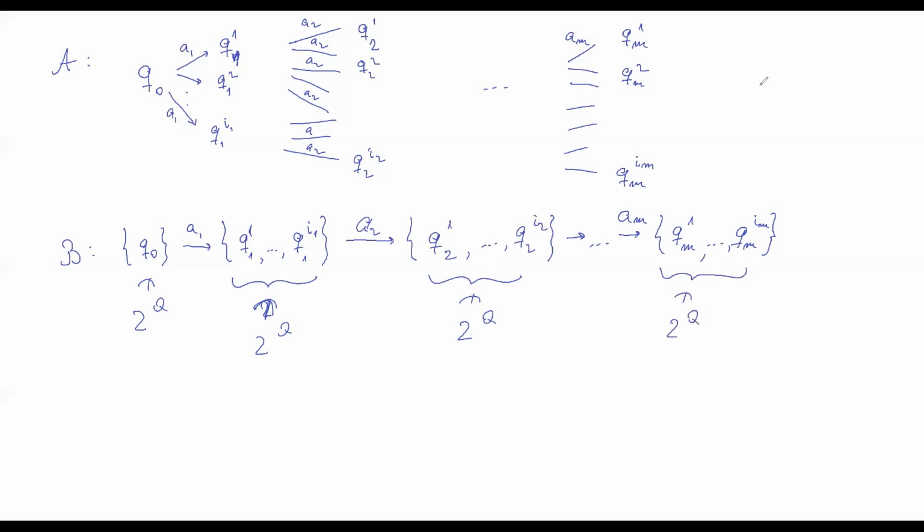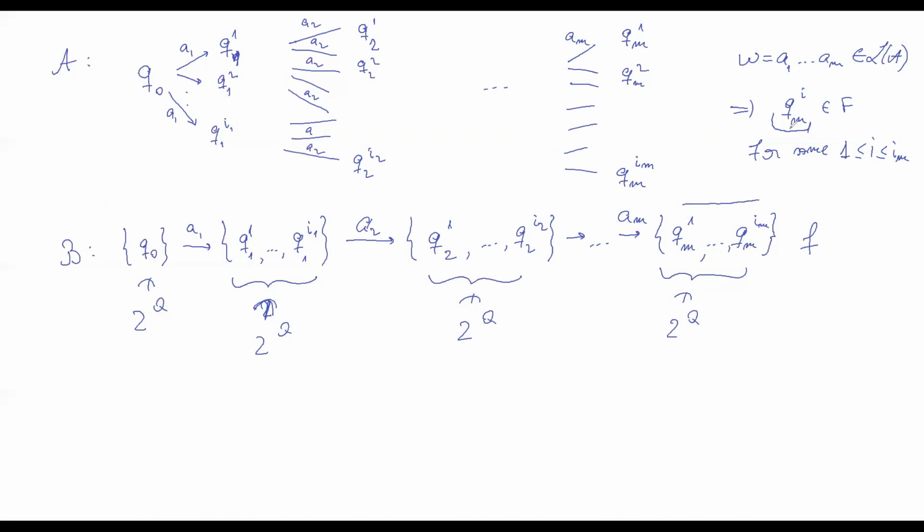And remember that the word W was in the language of A, meaning that at least one of these is a final state. So qm,i is final for some i between 1 and im. And so by definition, this is a final state, because this state here is part of this set here.